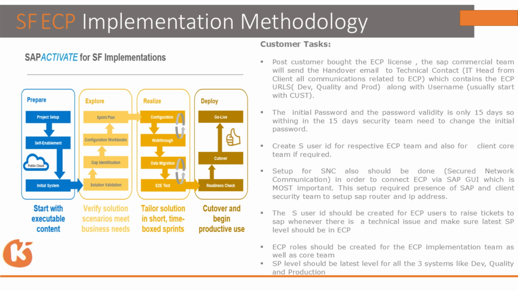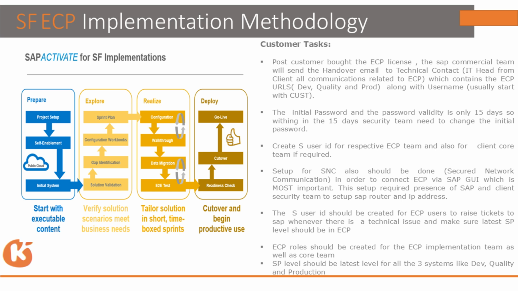Post customer bought the SAP license, say suppose that today you just bought the ECP license. You have got all requirements and you started implementation. But in order to start the implementation, as a customer, you have to follow this.